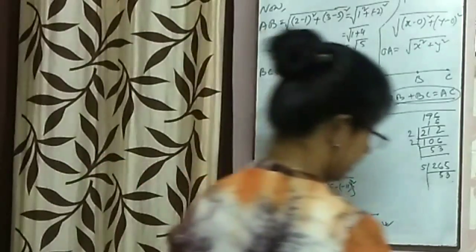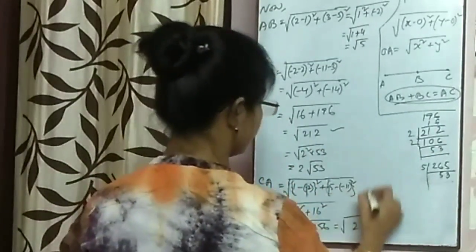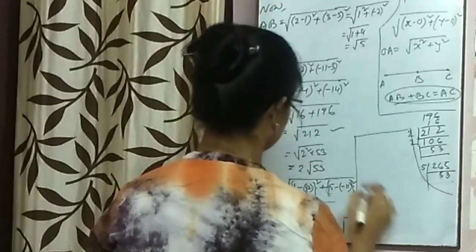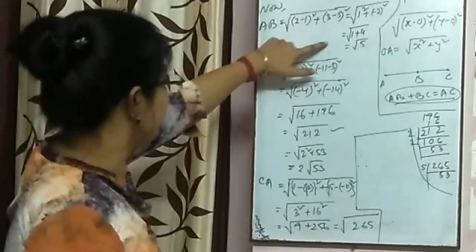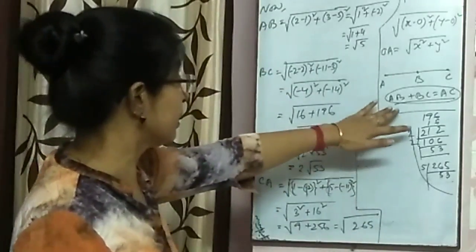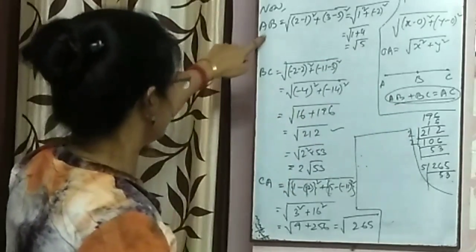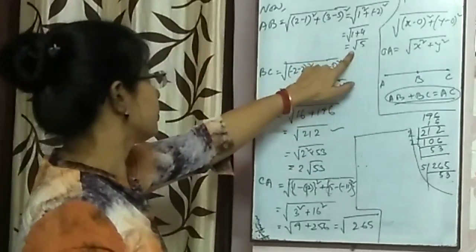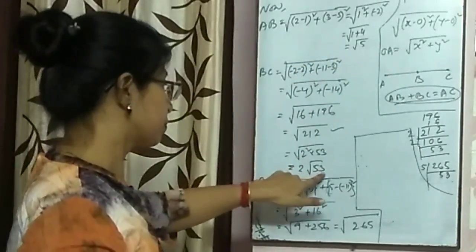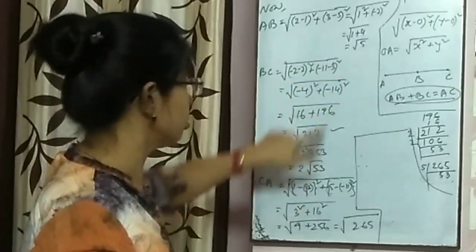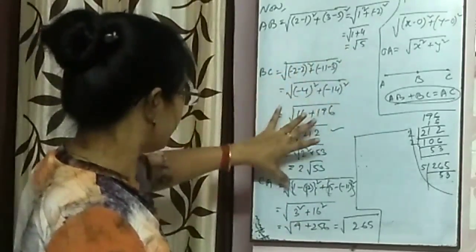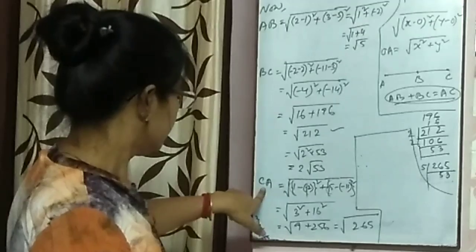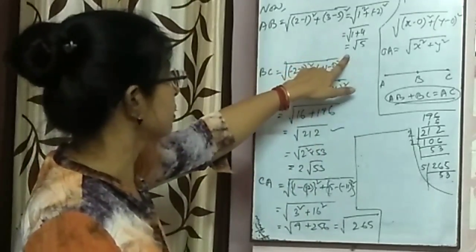So finally what we have seen is that any two of them, if you add up, this relation doesn't come: neither AB plus BC equal to CA. Root 5 plus 2 root 53, these are all unlike, so cannot be added. If you add up these two, it never gives CA. If you add up BC and CA, you also won't get this value.